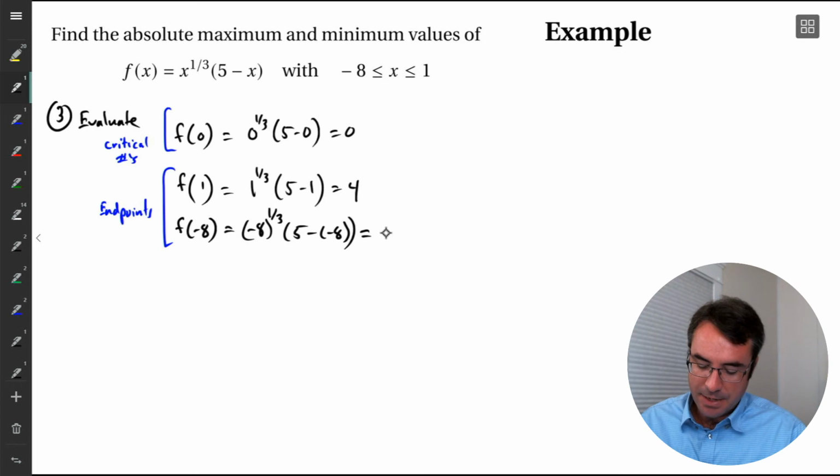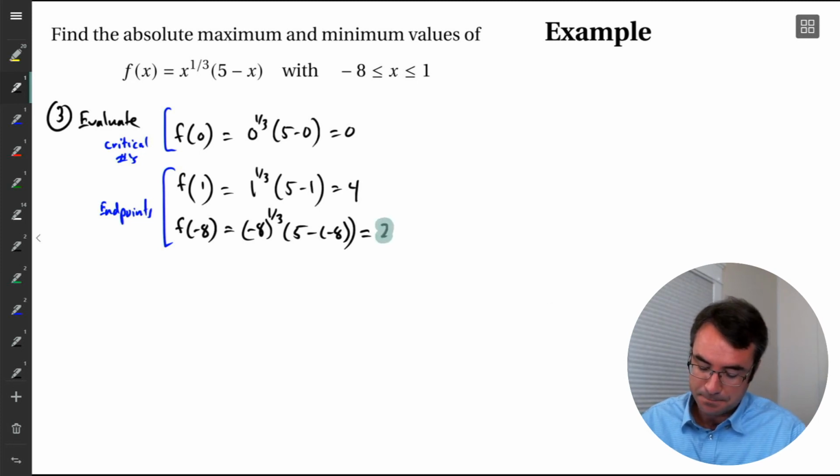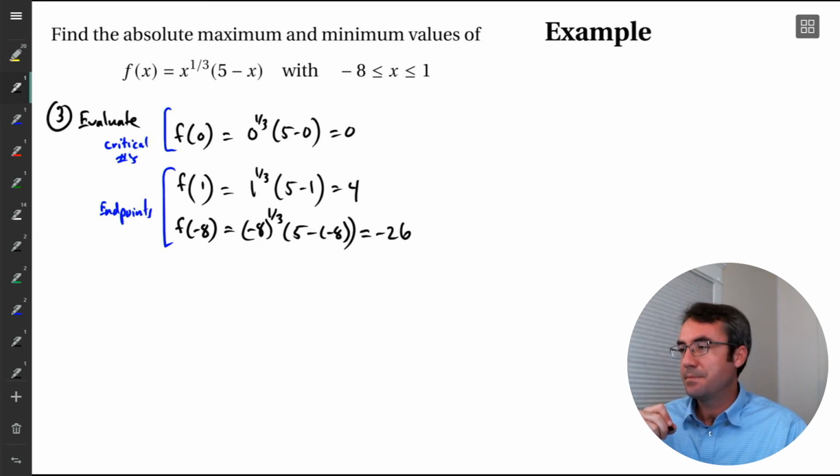And this ends up being, well, -8 raised to the 1/3 power is -2. And then this is positive 13. So this is negative 26. Make sure we get that right. Yes. So 5 minus, be careful with these double negatives.